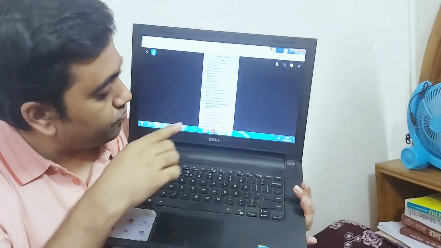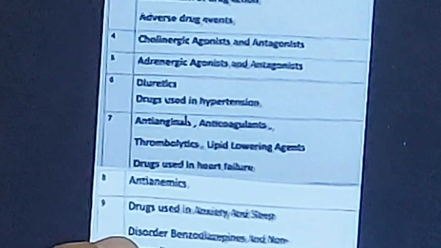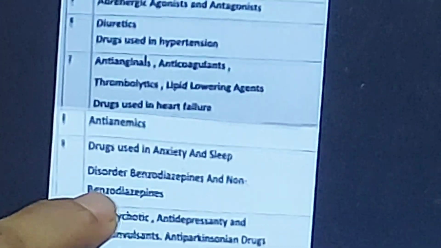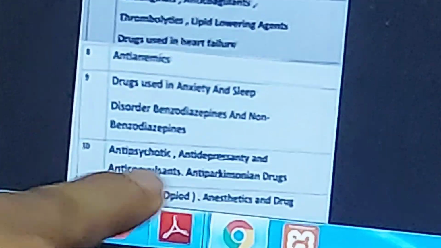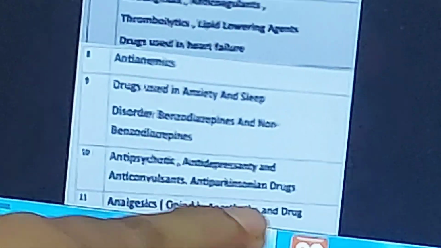So for the discussion of pharmacology, I may discuss the general pharmacology and CNS pharmacology. That means drugs used in anxiety and sleep disorder, benzodiazepine and non-benzodiazepine, antipsychotic, antidepressant, anticonvulsant, antiparkinson, analgesic and anesthetic.